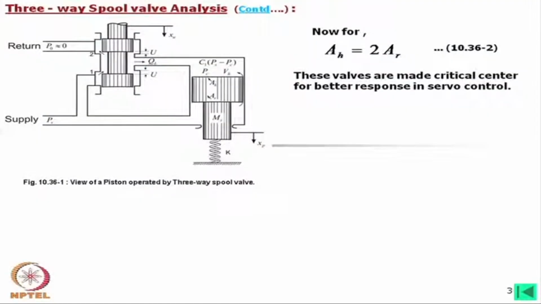Second thing, when it is under operation, then this adjustment, because this is driven by some actuator, this might be an electrical solenoid.